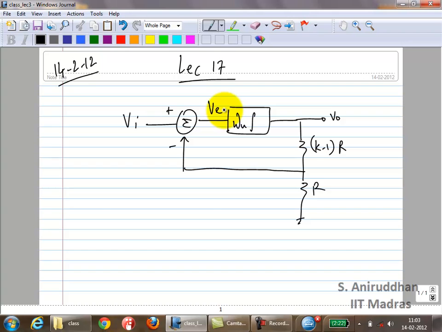Omega u was the slope of the integrator, correct? And you tried to make an amplifier of value k, right? And we found out the bandwidth of the amplifier was approximately omega u over k, correct?